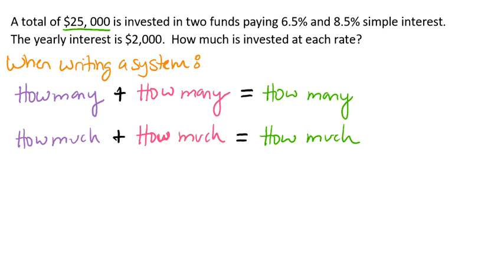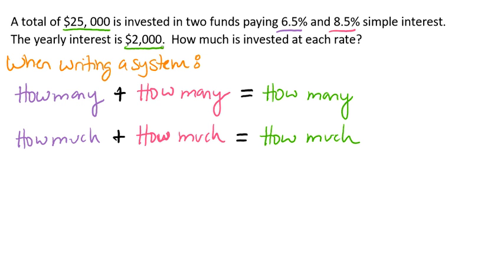Then we have our 6.5% and our 8.5%, and those are our how much, because it's 6.5% of the first type and 8.5% of the second type, and that gets us our yearly interest.